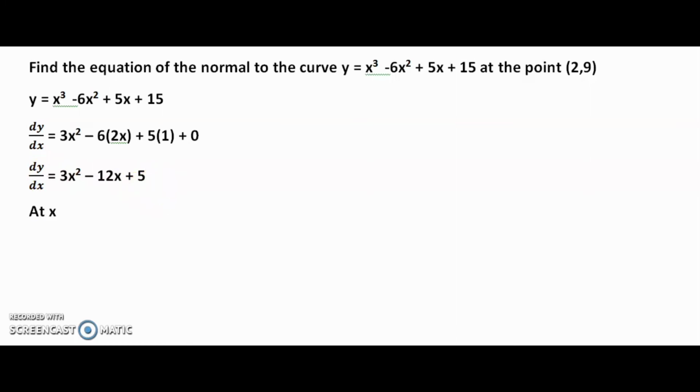Now at the point x is equal to 2, because the point of contact is (2, 9). So at x is equal to 2, dy by dx becomes 3 of 2 square minus 12 into 2 plus 5.